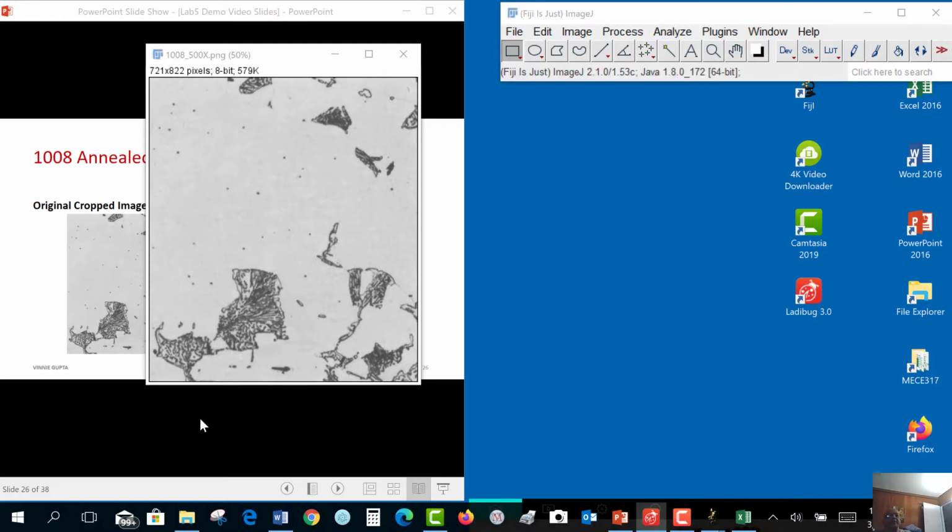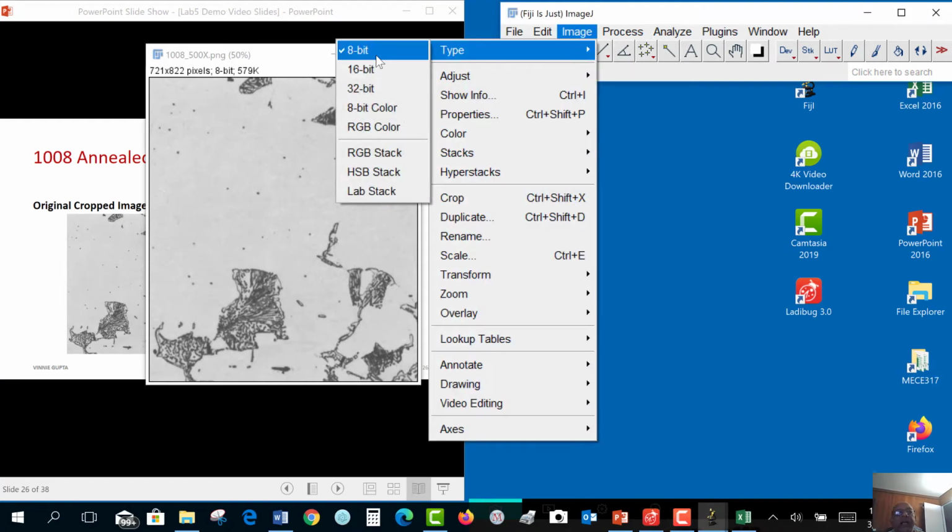Okay, so now let's measure this. We are only interested in percent area, and this is all perlite. So we are going to take this image. It's already 8-bit. You can see if it was a colored image, we would have converted it to 8-bit.